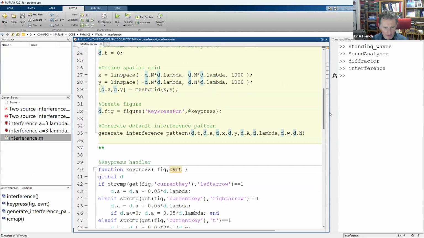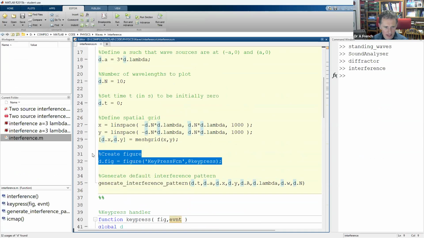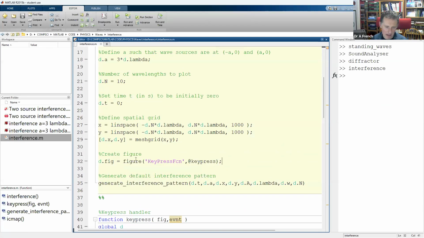This line here creates the figure. This is a MATLABism, but when you create a plot area, it will have properties, and one of those properties is what happens when I hit a key. So when I hit a key on the keyboard, it will run this subroutine called key press.